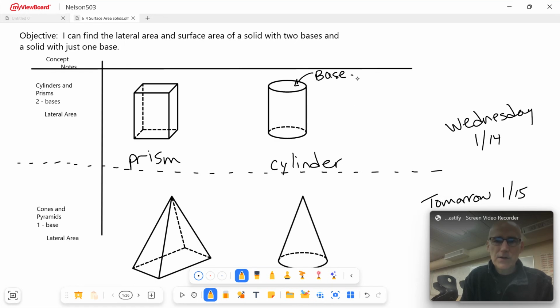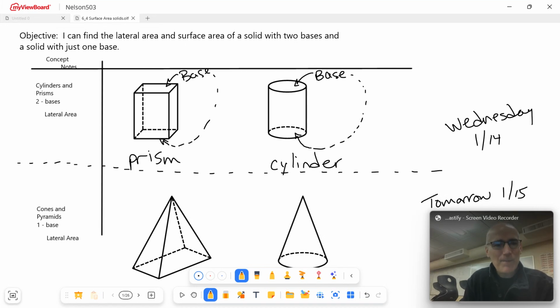But there's also a base on the bottom. So there's two bases, and they're identical to each other. It's like this base right here just slides all the way through the object, and then it becomes the top base if you wanted to imagine it that way, right?